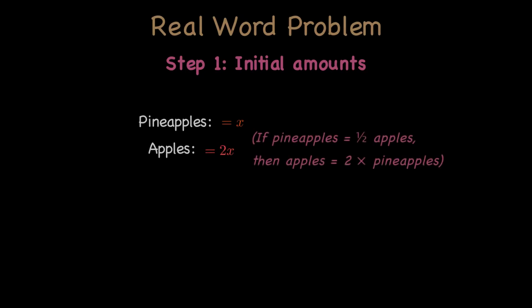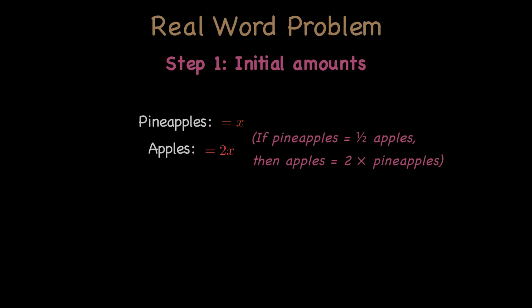Let's start by finding the initial amounts. We're told pineapples equal x. Now, if pineapples are half the number of apples, what does that tell us about apples? If pineapples are half of apples, then apples must be double the pineapples, so apples equal 2x.